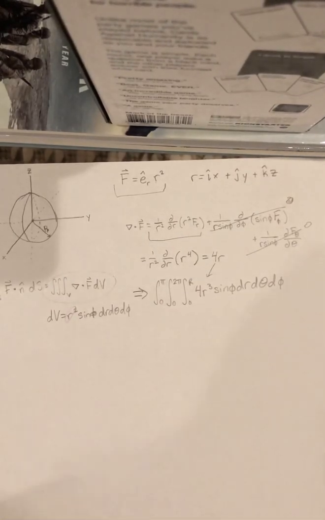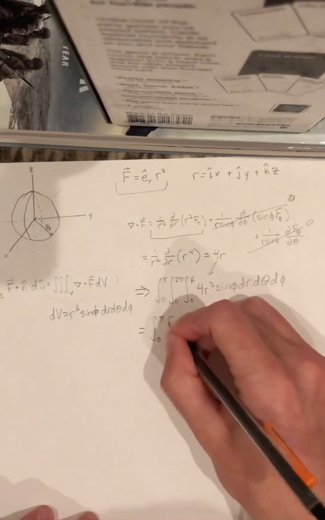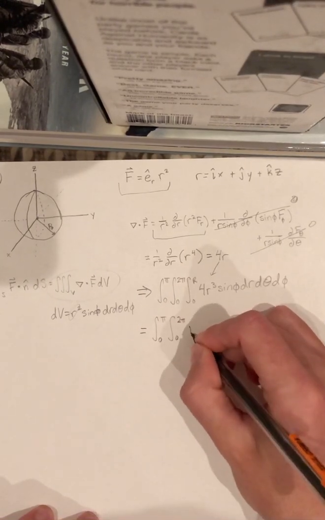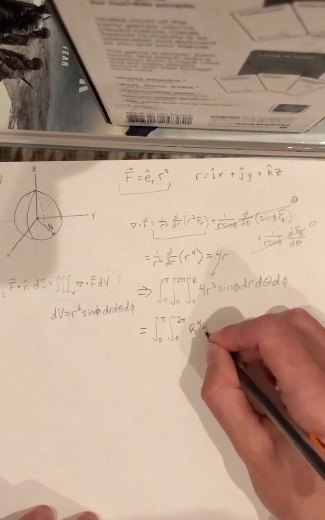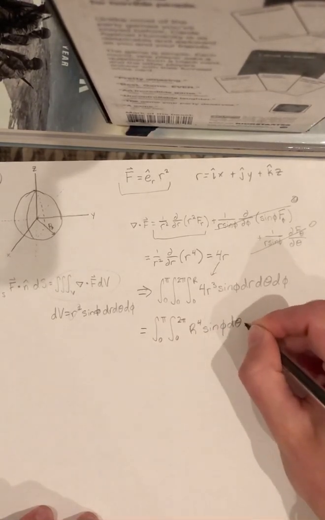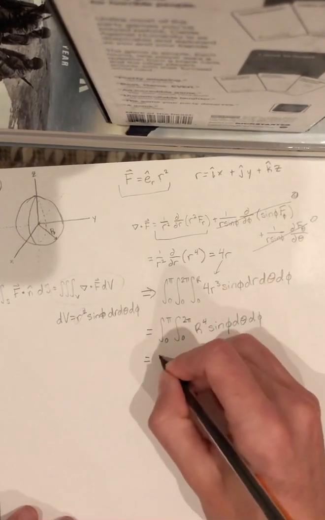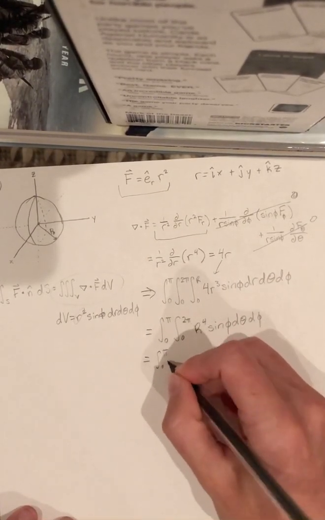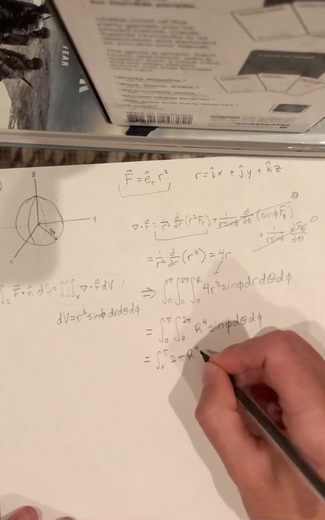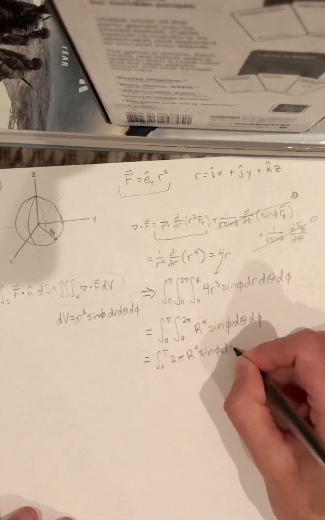Again, simplifying this out, we're going to get 0 to pi, 2 pi of r to the 4th sine phi d theta d phi. Again, if we simplify, we'll have 0 to pi of 2 pi r to the 4th sine phi d phi.